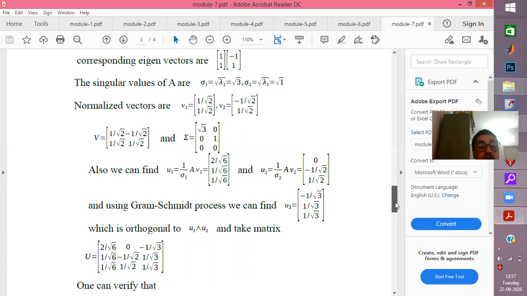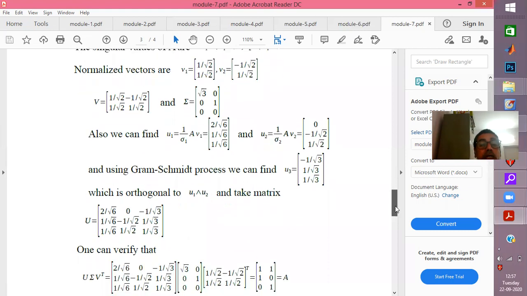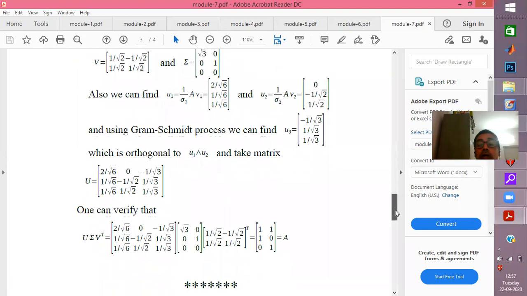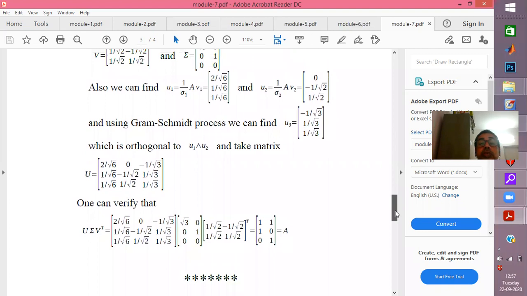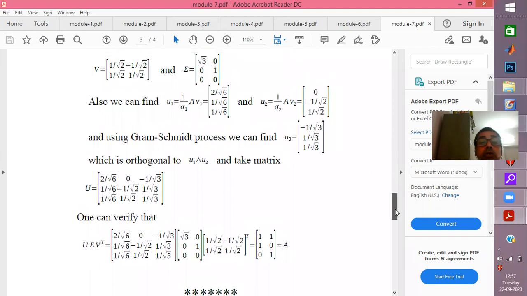And then as before, you find the matrix U by the previous process. That is, U1 is equal to 1 by sigma 1 times AV1, and U2 is 1 by sigma 2 times AV2. Then you can use the Gram-Schmidt process to build the third one, and then the matrix U is also complete.